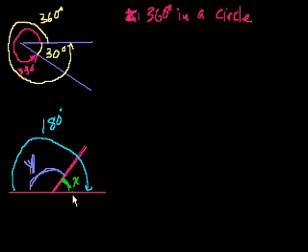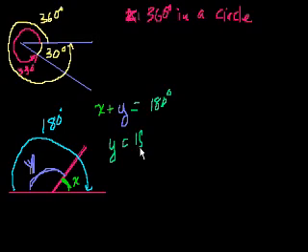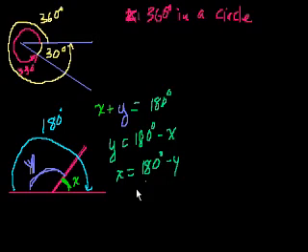So what are angles x and y going to add up to? Well, x plus y, I'm trying to stay color consistent, I'm colorblind, I think, are going to equal 180 degrees. Or you could write, y is equal to 180 minus x, or x is equal to 180 minus y.